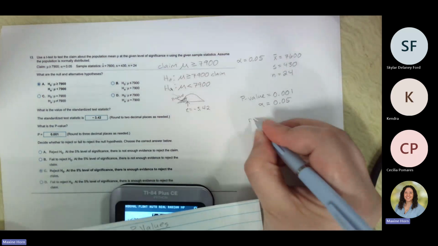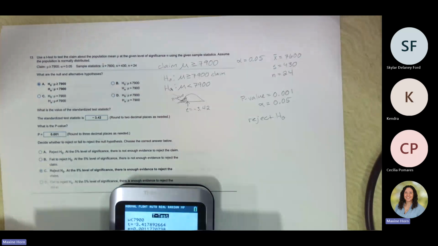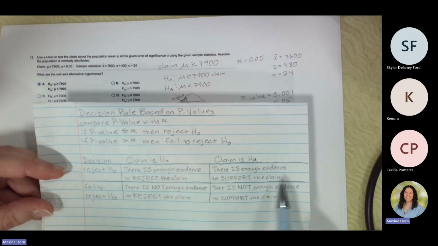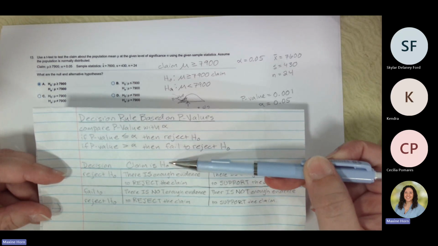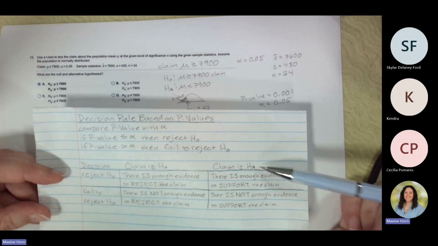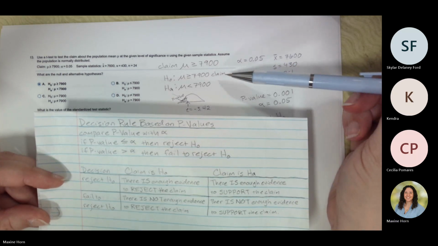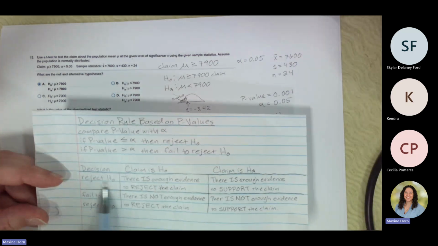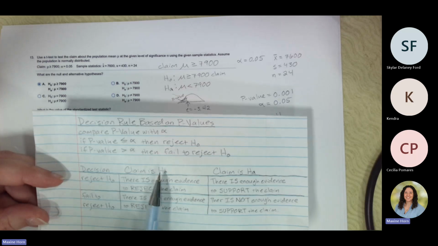So again, one step at a time, I'm going to go ahead and write down, reject the null hypothesis. And then I'm going to say, okay, I'm going to reject the null hypothesis. So I'm looking at this row here. I need to know, was my claim the null hypothesis or was my claim the alternative hypothesis? So I go back up to what I wrote here, and I wrote that my claim is my null hypothesis. So I rejected the null hypothesis, and my claim is the null hypothesis.